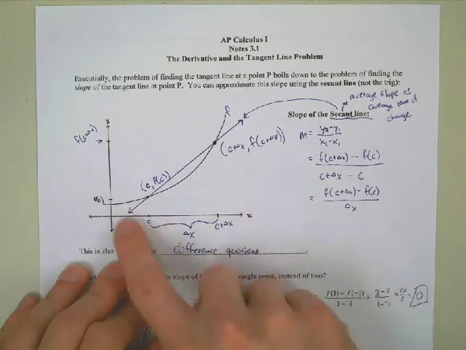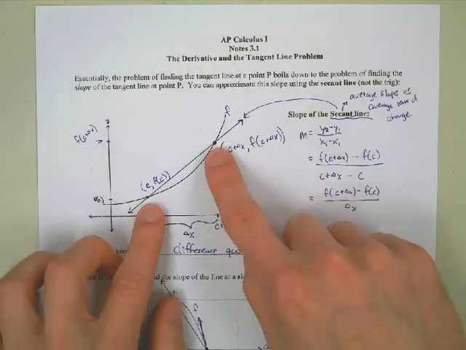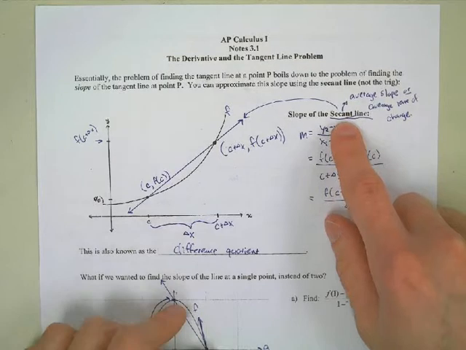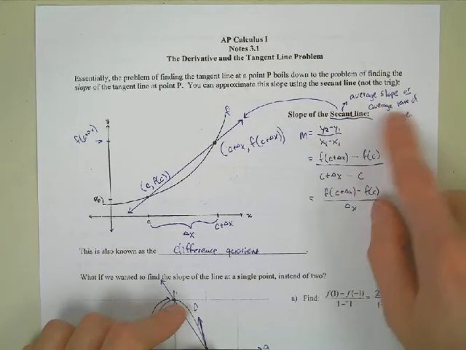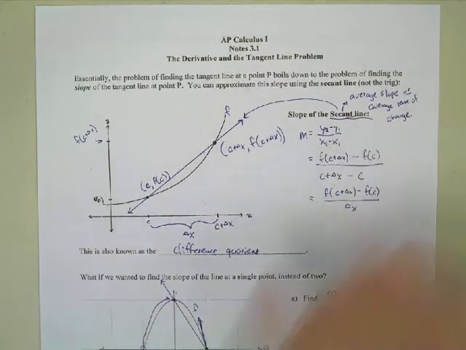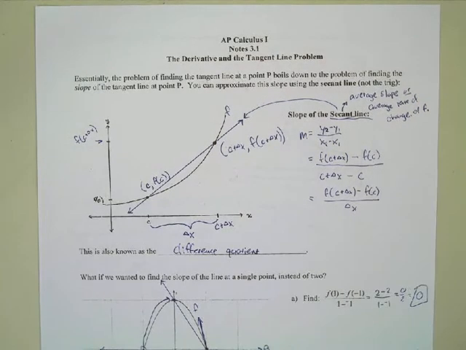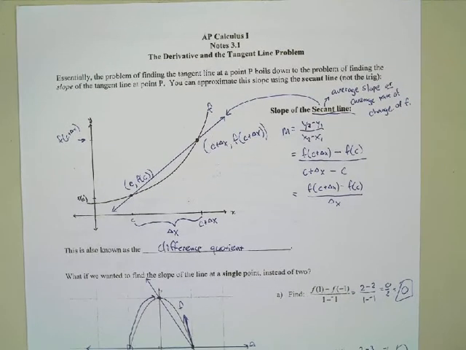The slope of this line using these 2 points, it's not a tangent line, it's a secant line because it hits 2 points. And it's known as the average slope or the average rate of change of f. That's the average rate of change because it's just the regular old slope formula between those 2 points.